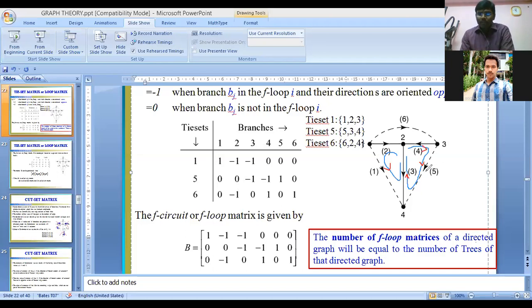For 5, it is similar. So for the fifth element it is +1.